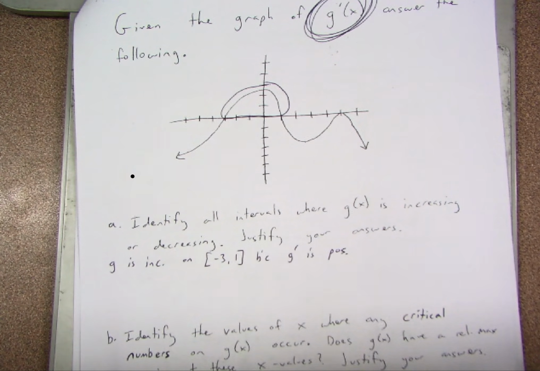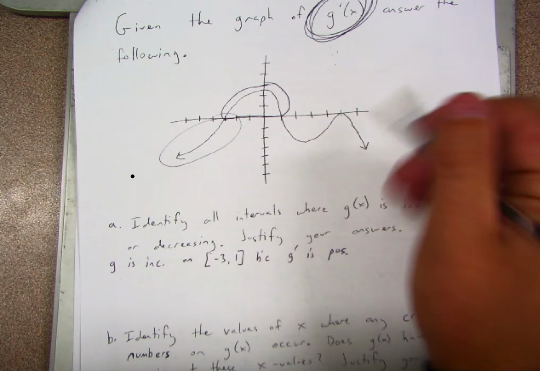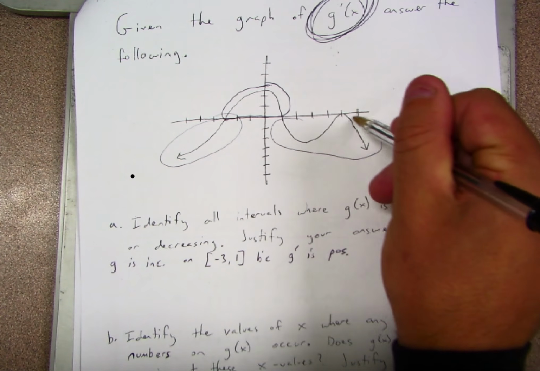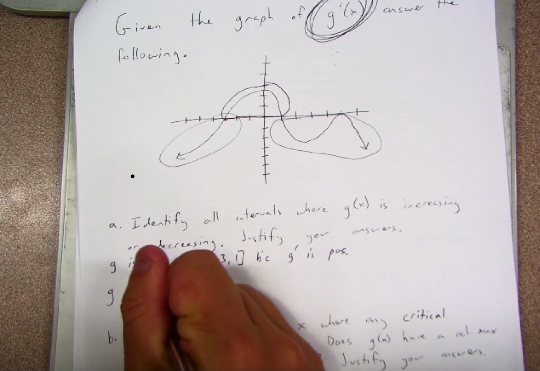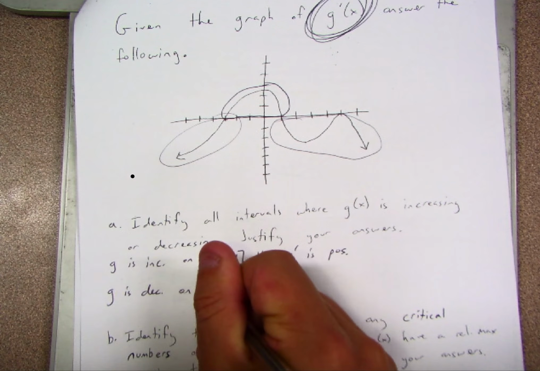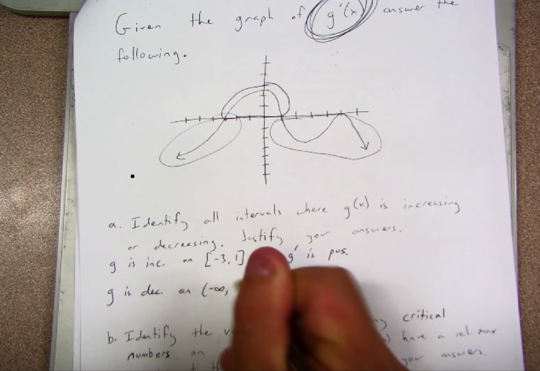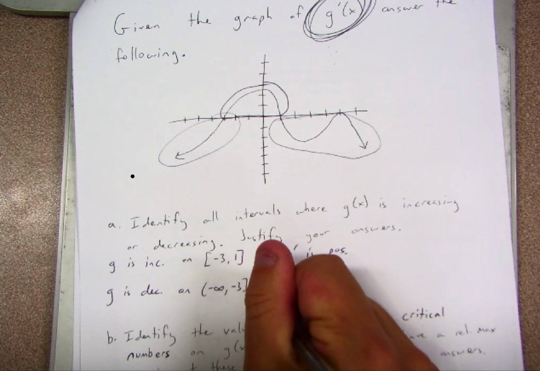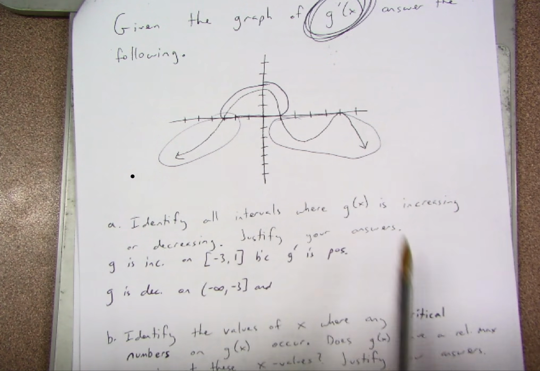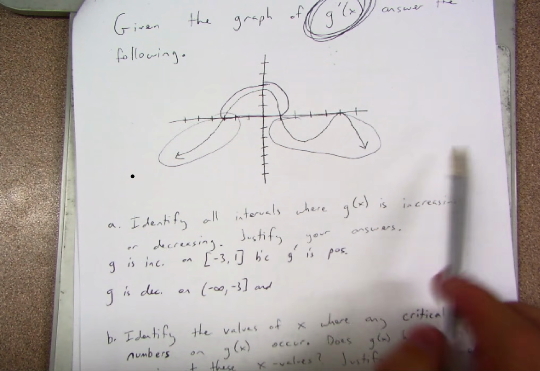Anywhere G prime is negative, so down here and all down here, that's where G is decreasing. So G is decreasing on -infinity all the way till you get to -3, and from 1 all the way till infinity.